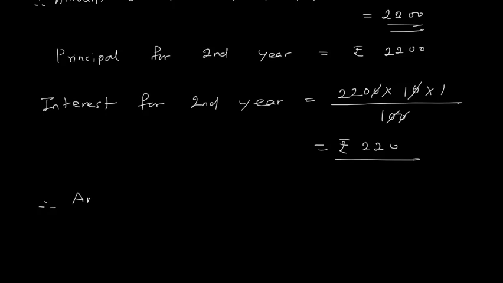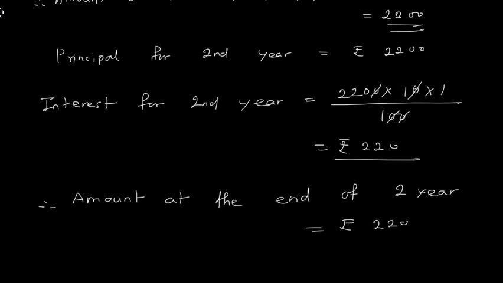So therefore amount at the end of 2 years is rupees 220 plus 2200, that gives us 2420.